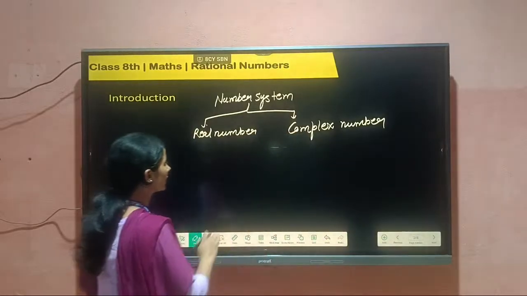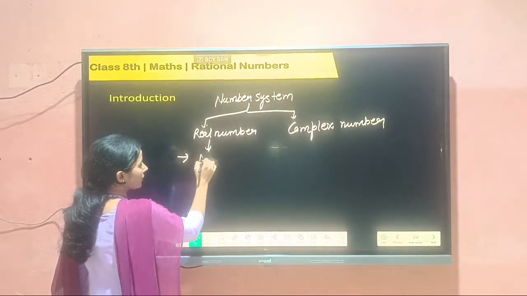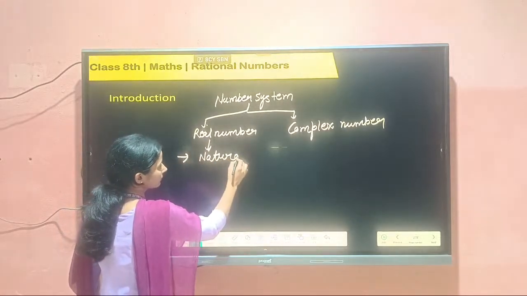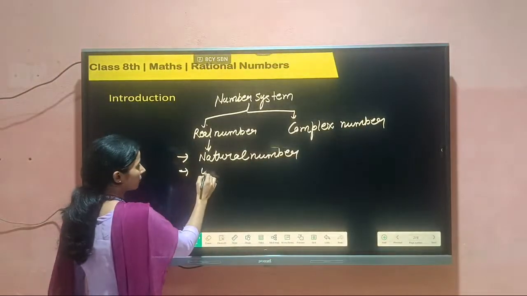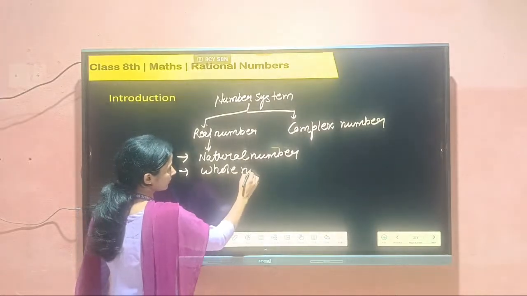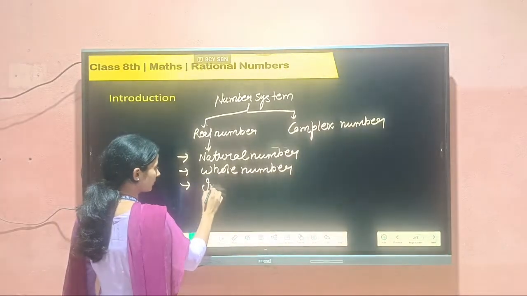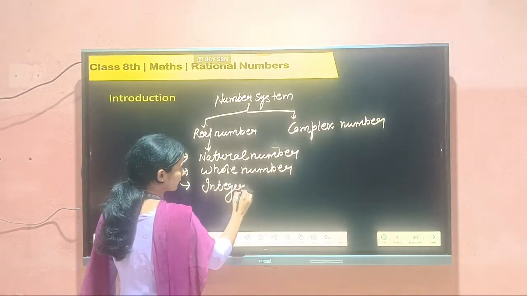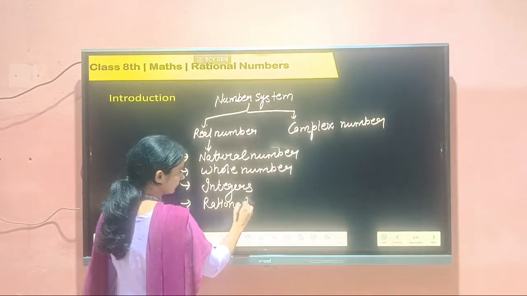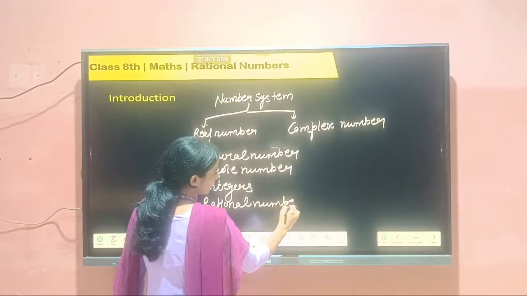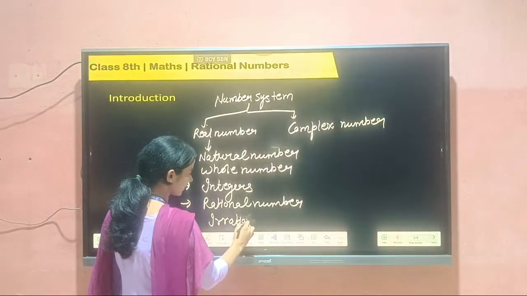Okay. In real numbers, we will discuss natural numbers, whole numbers, and integers, then rational numbers, and irrational numbers.